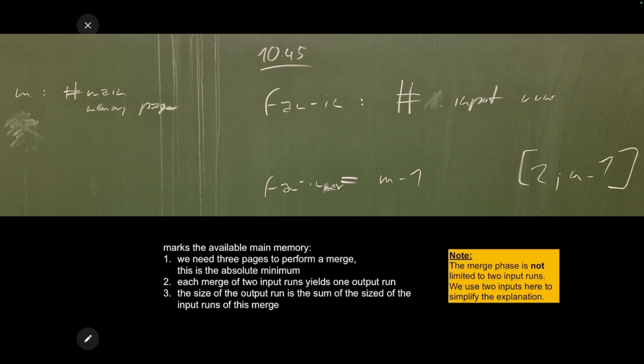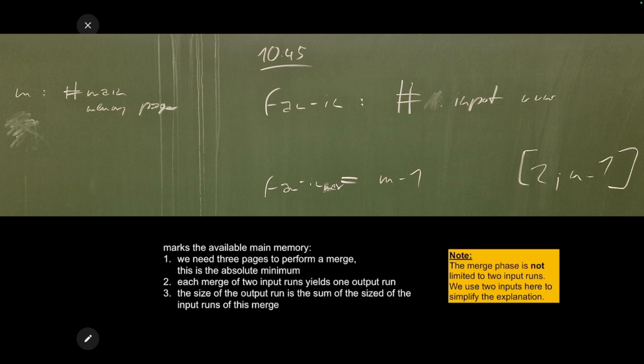I always mix this up. It's a small m and a capital M in external algorithms. Maybe you need to fix that afterwards. But let's assume that the small m is the number of main memory pages you have available. Let's assume we define it like that.